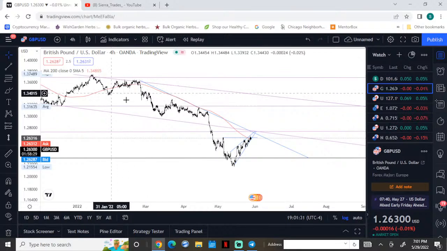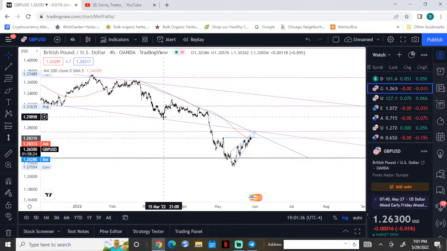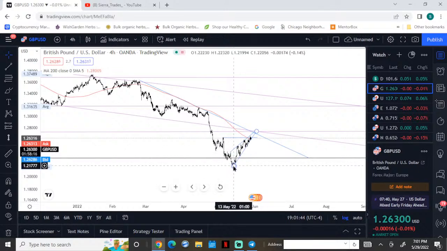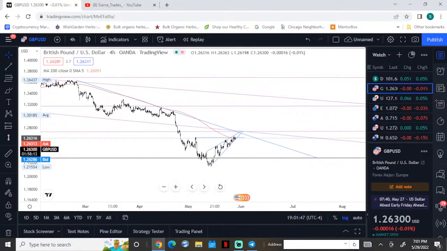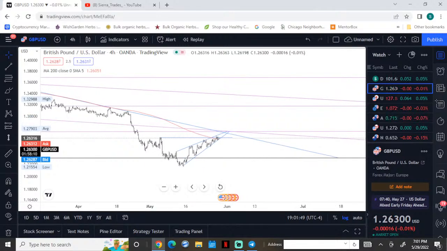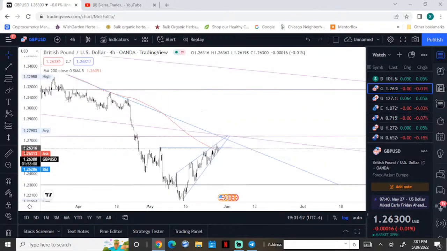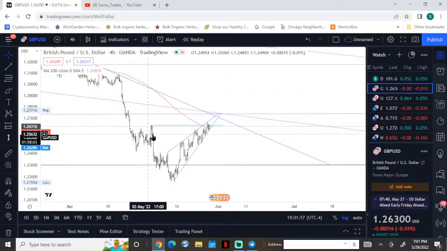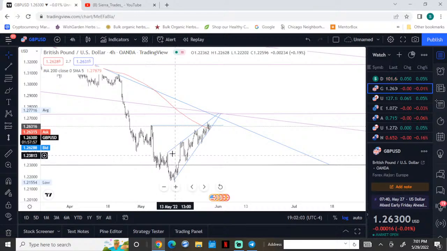Then we have a lower low, it's lower than this point, lower high, lower low, lower high, lower low, lower high, lower low, lower high, lower low, lower high, lower low. This was our last lower high, but this was more of a consolidation point to me. So I marked this as my last lower high.